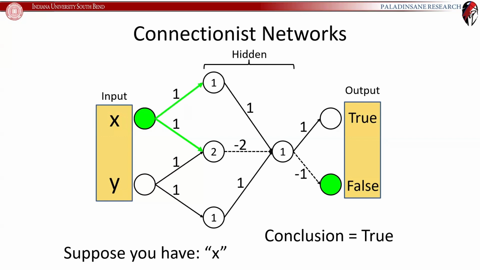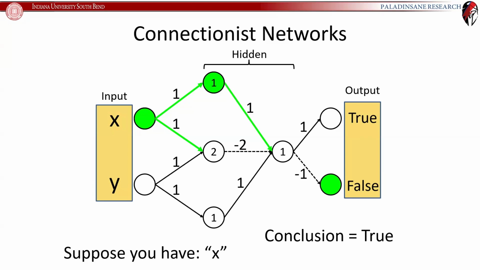1 is not enough to activate that number 2 node because it requires 2 units of activation. So that hidden node cannot get activated. But 1 is enough to activate that top node, so that node gets activated. Once it gets activated, it sends its signal down to whatever node it's connected to at a strength of 1.